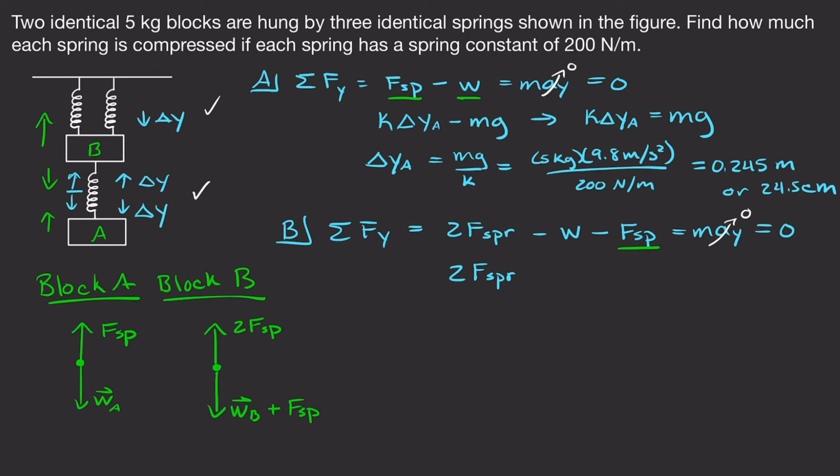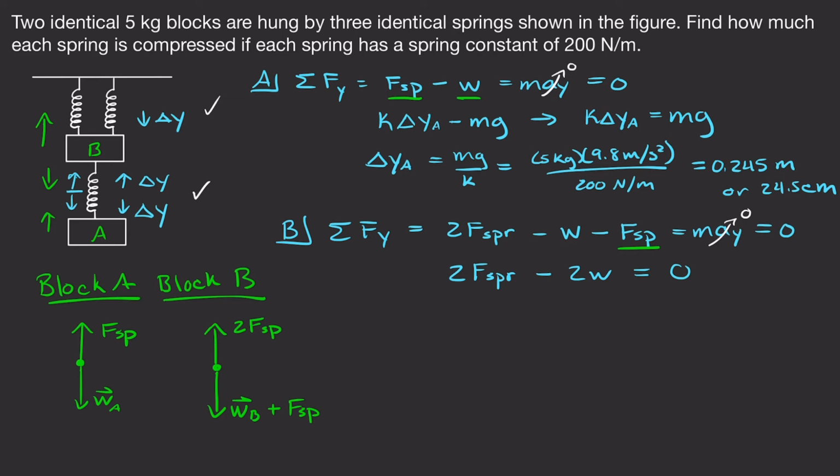These should be identical since they are identical springs. They're attached the exact same way, so we expect them to stretch the same amount. And here we have 2 copies of the weight, since this is just equal to the weight of one of the blocks. And so we can set that equal to 0.